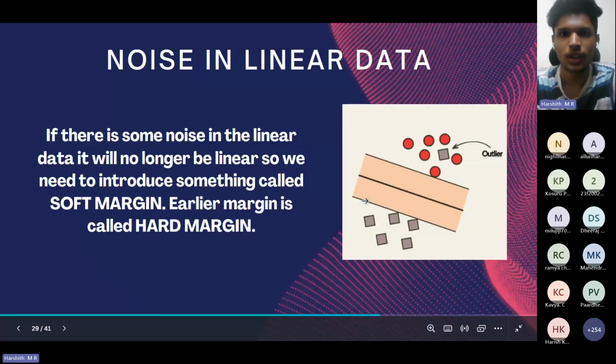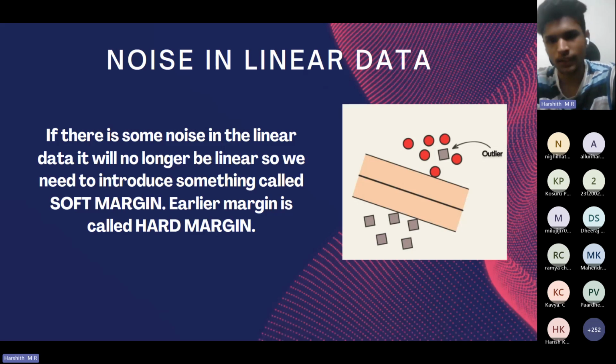When you have noise in your training samples, noise will always be present when you do artificial intelligence. When you get a data set from a hackathon, it will always have some noise. So in order to tackle the noise, there is something called soft margin. Earlier we had hard margin.